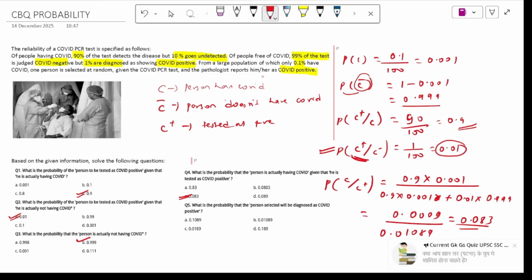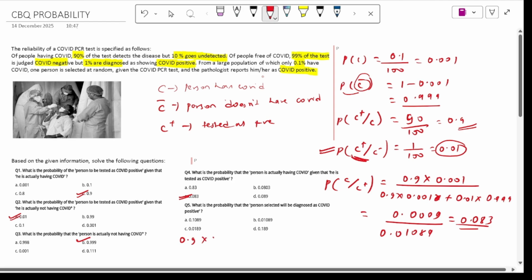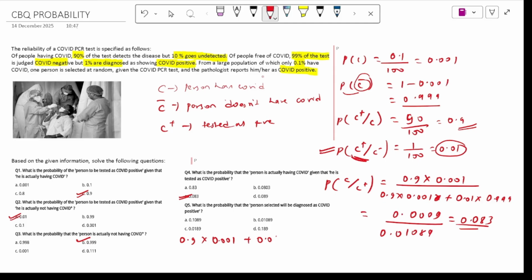The answer will be 0.9 into 0.001 plus 0.01 into 0.999. So this goes around 0.01089. So the correct option is option number B.